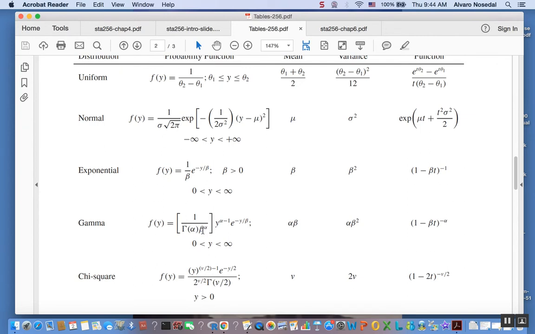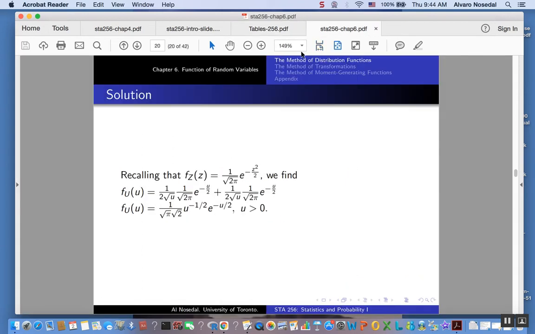Okay, so now let me be super specific here, and let's re-express the PDF that we're seeing here.